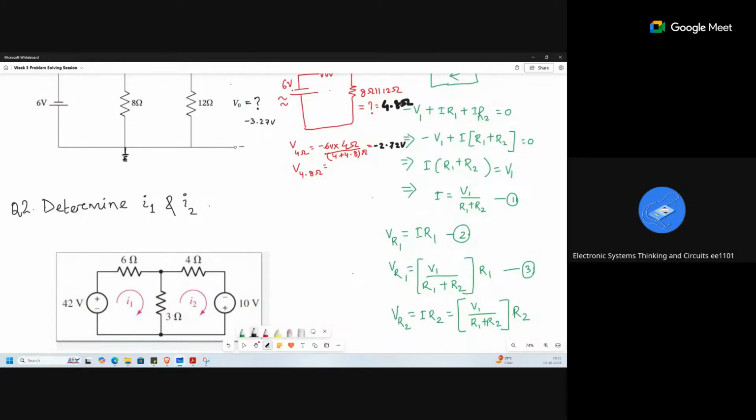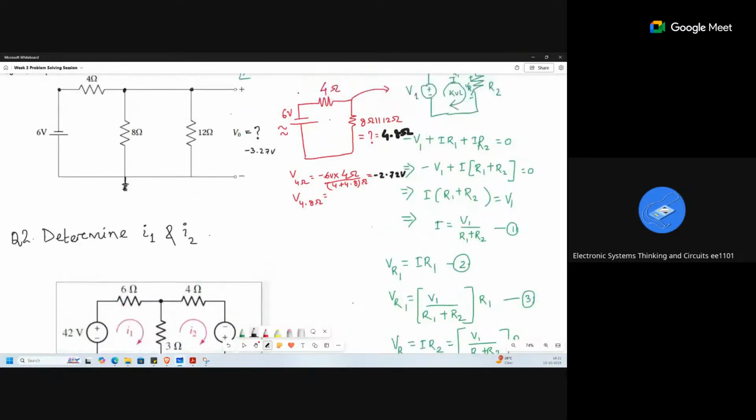If you are writing this, this is your battery. If it is written 6 volt this way, the value is minus 6 volt. If your battery is the other way, given 6 volt like this, it will be plus 6 volt. Right now your battery is in this form, so current is flowing from positive to negative, which means the total voltage value we substitute will be minus 6 volt.